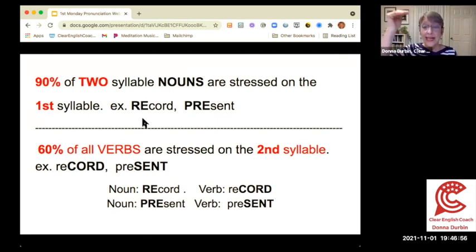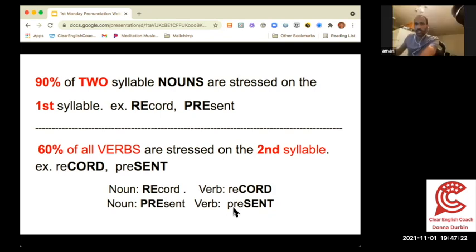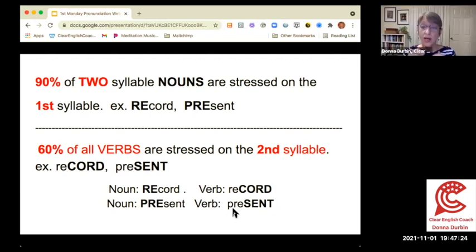record, present. Remember, a lot of our words are the same. They're just spelled the same. So this is record, the noun, and the verb is record. Record, record, present, present. So what happens here is this turns into what we call a schwa.